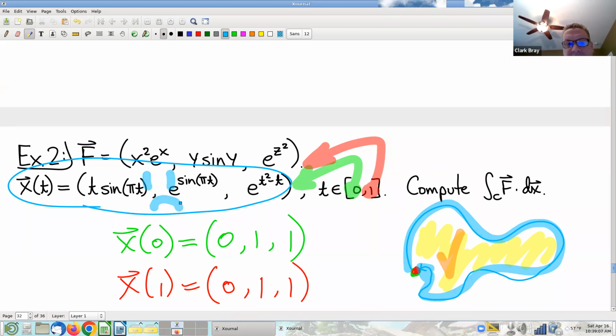So neither one of these approaches is looking all that great. We're about to have a super happy ending here, but neither approach is looking good. Stokes's approach is not looking good because the surface is going to be brutal to find. The fundamental theorem of line integrals approach is not looking good because the anti-gradient is going to be hard to find.